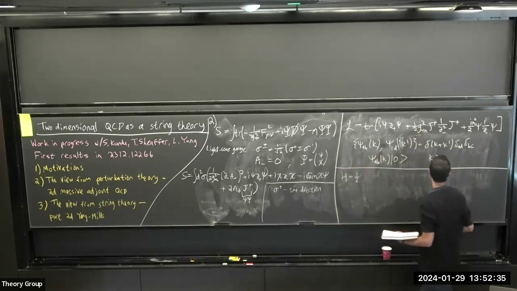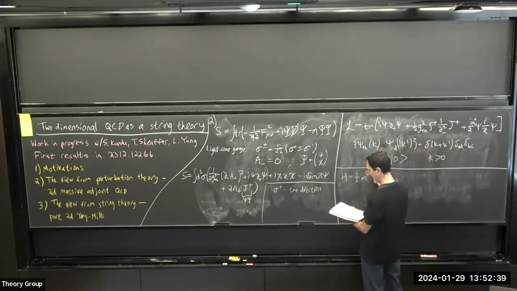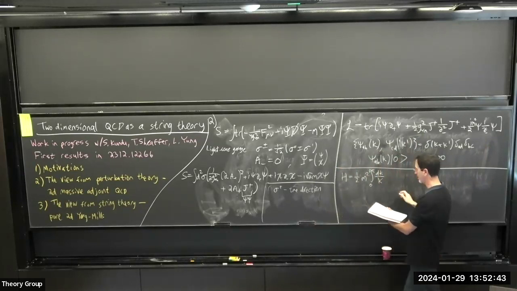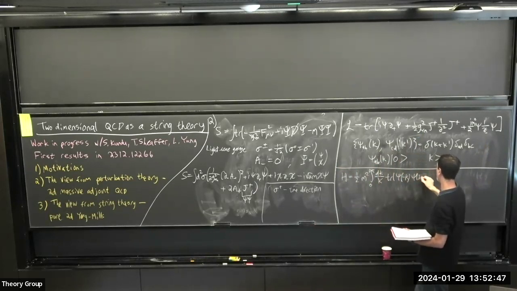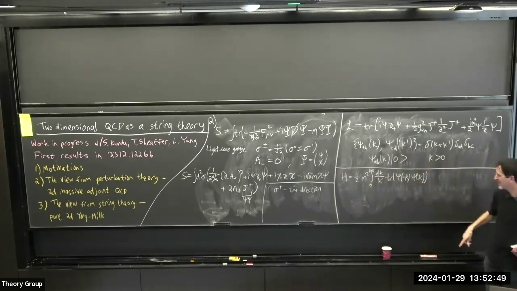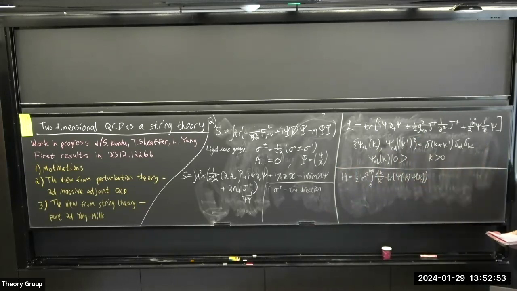So if we translate this Lagrangian into a Hamiltonian, then the kinetic term in momentum space just looks like an integral dk over k of. So we normal order things, so that we only have the psi's with positive momentum to the left of the ones with negative momentum.